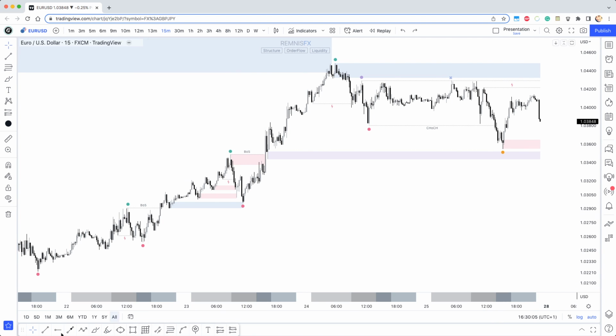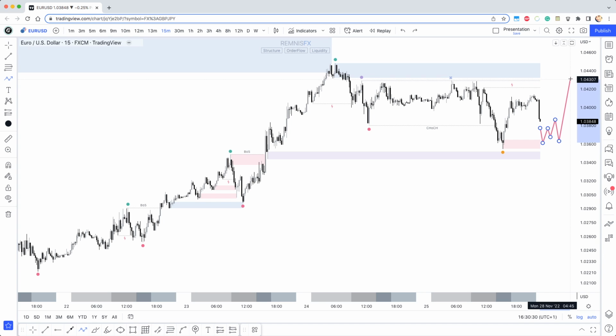Oh yeah, and perhaps, look, should that happen, should price come something like this in this area, then you could look for a possible short-term long position until either the inducement or the engineered liquidity is taken out.